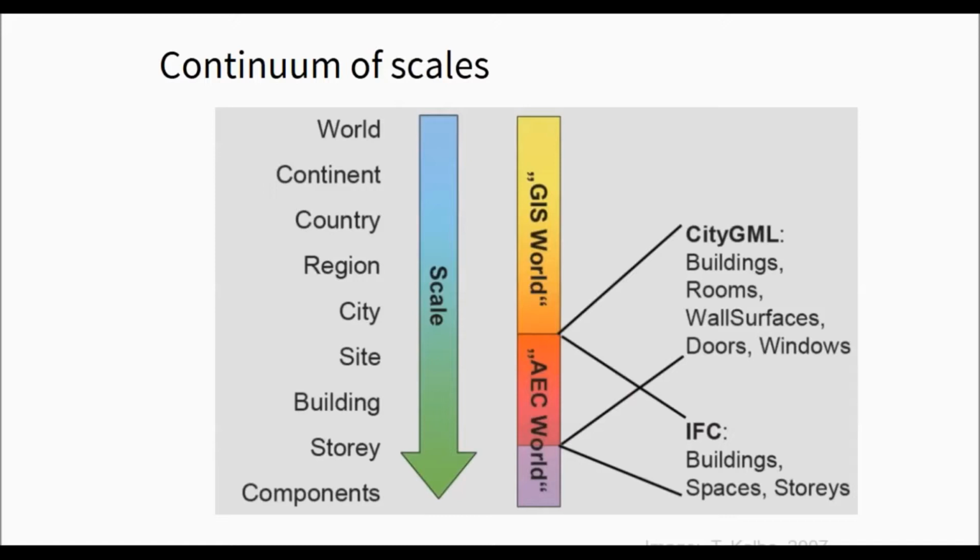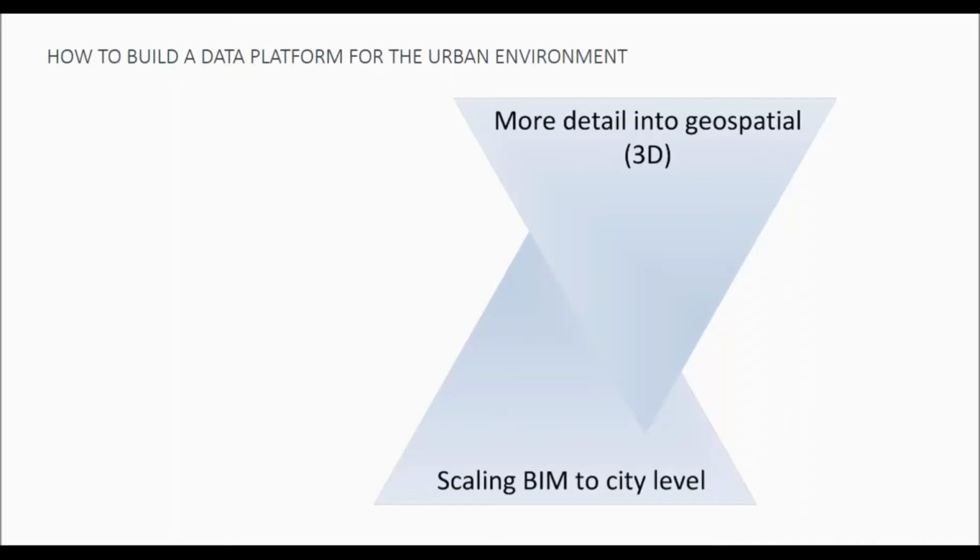And that typically happens across this continuum of scale, where from the geospatial domain we are certainly more familiar with the kind of scales on a world, country, region, city level, while from a building information modeling perspective we come in more on a site, building, story and components level. And what we're trying to do is to exploit this overlap that you can see here in the middle.